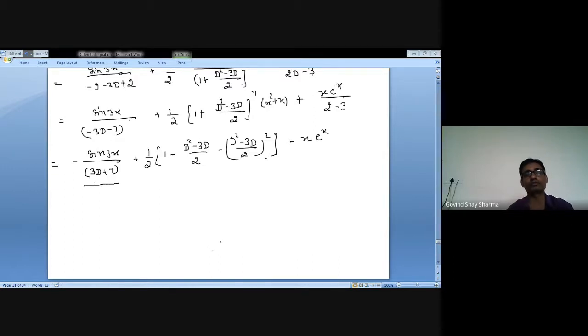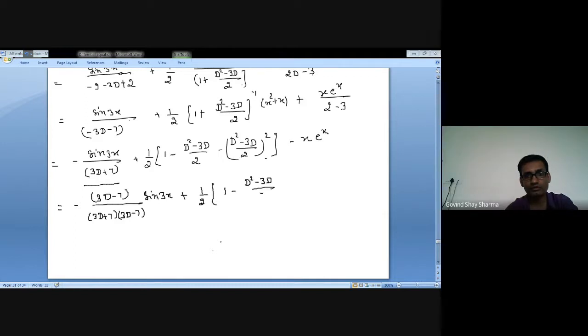Here in 3D plus 7 we have to change D to D square, so we multiply by 3D minus 7 times sin 3x, plus half (1 minus D square) minus, which gives 1 upon 4... 9 D square minus 49.